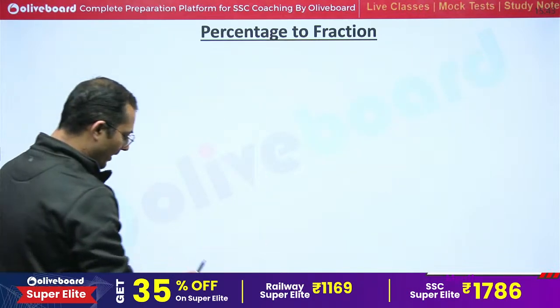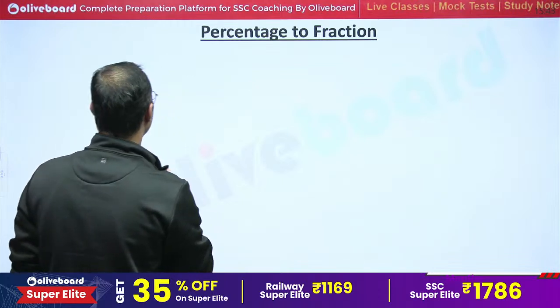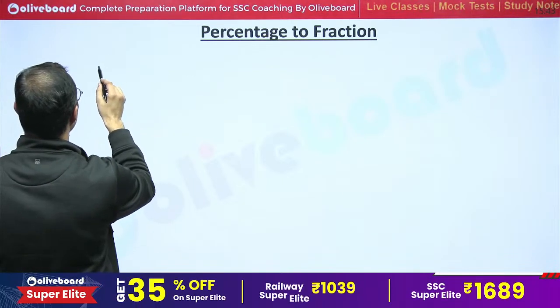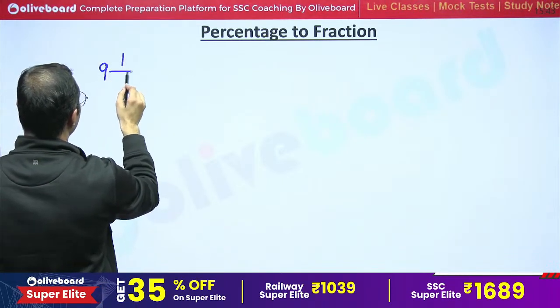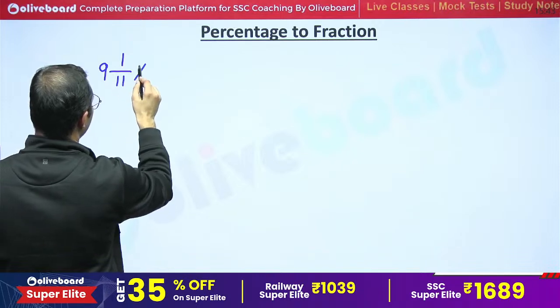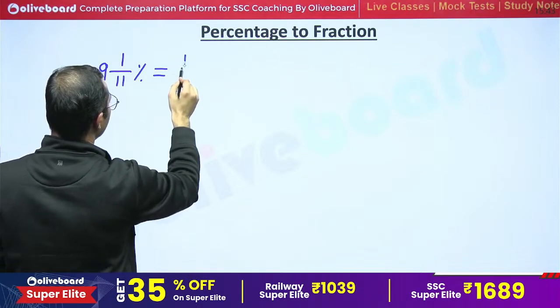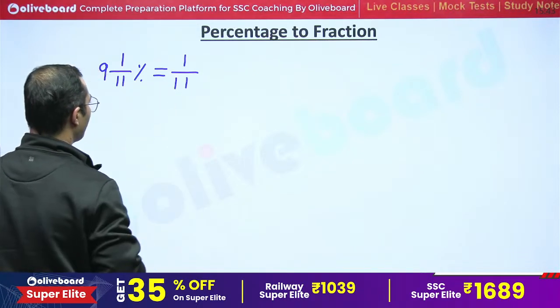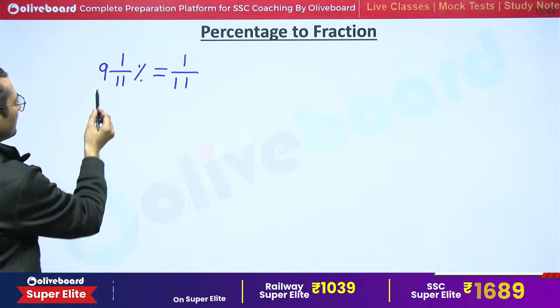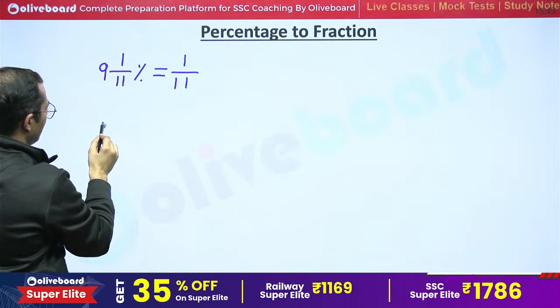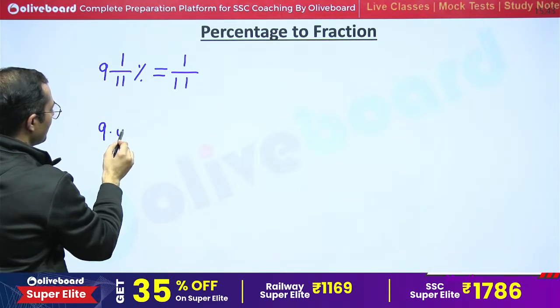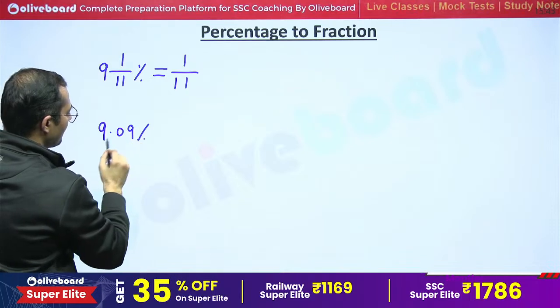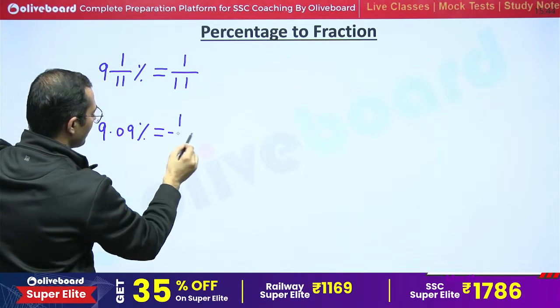The next point is, if I got values like 9 whole 1 upon 11%, right? Everyone says that this is equal to 1 upon 11. Many times we write it like 9.09%. So 9.09% is also equal to 1 upon 11, right?